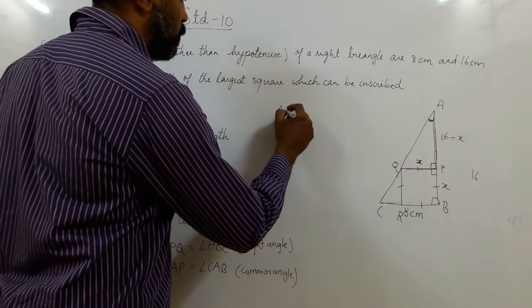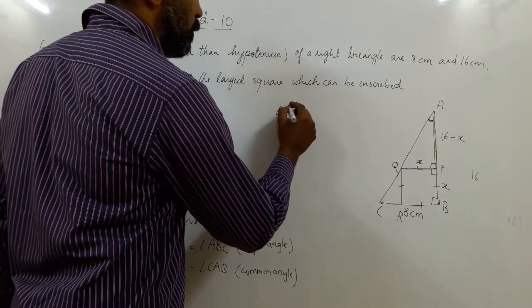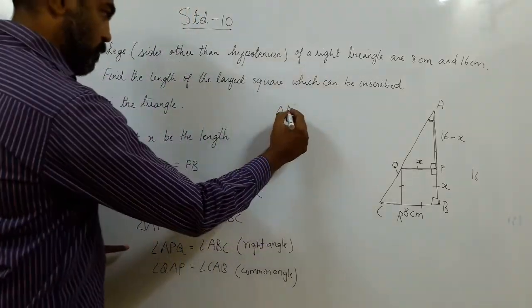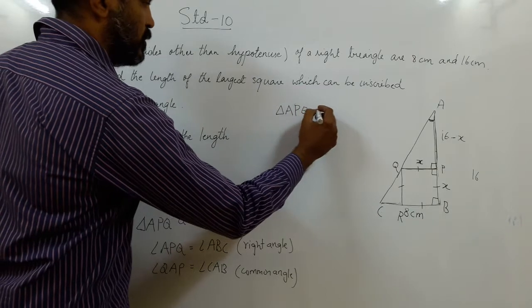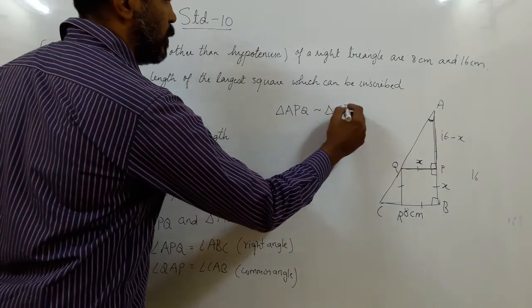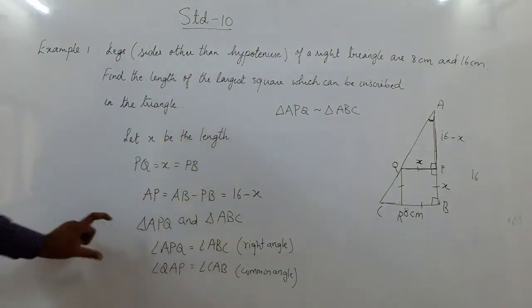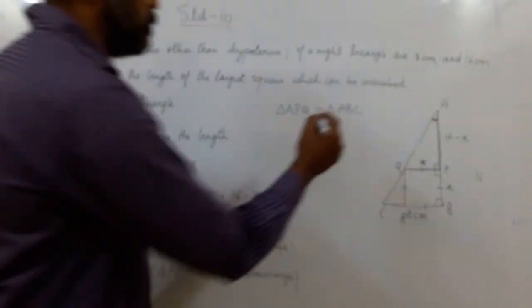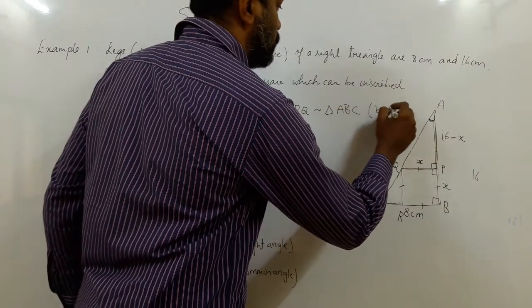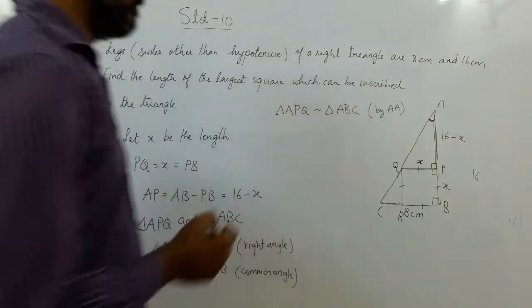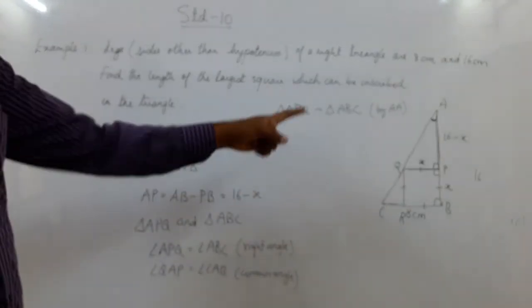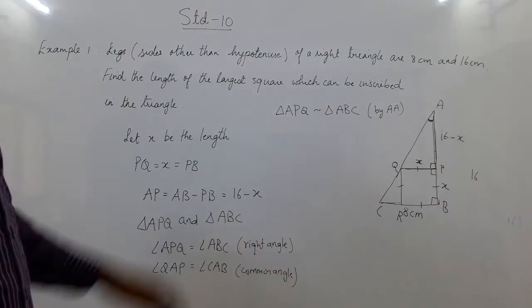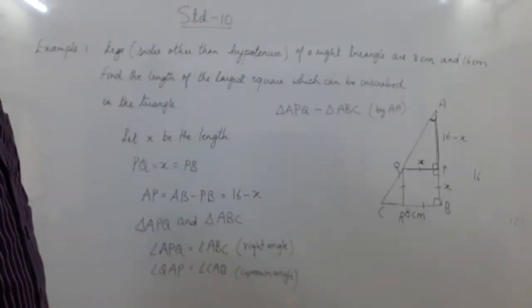So triangle APQ is similar to triangle ABC by the AA similarity criterion. If the triangles are similar, the sides have to be in equal proportion.